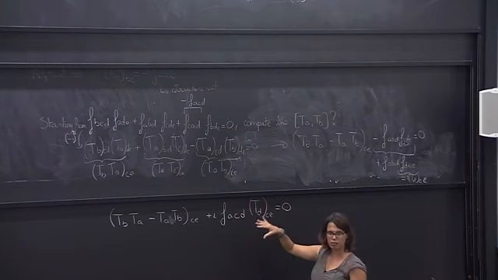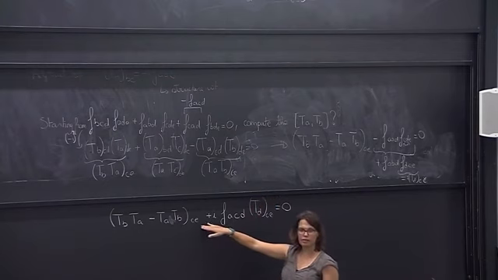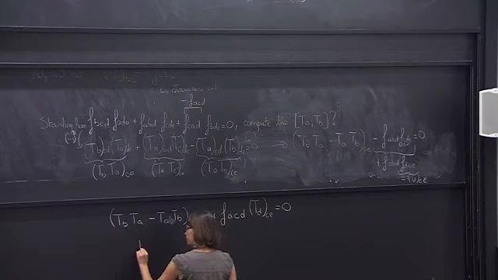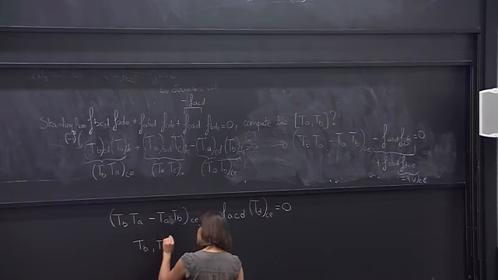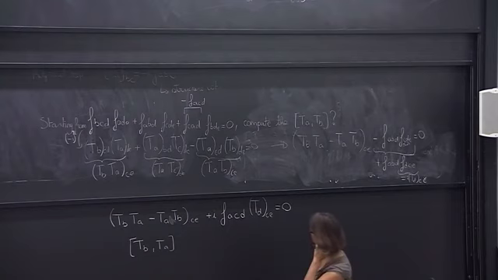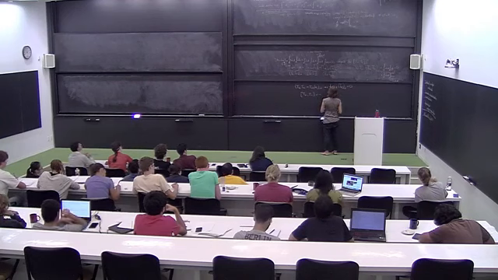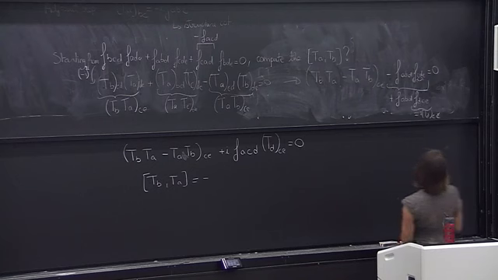Since this is valid for any matrix element, I can forget about it. And what do I get? So this is the commutator. I can now write this in terms of just matrices. The commutator of B with A is equal to... the C should be a B. Is that the case?